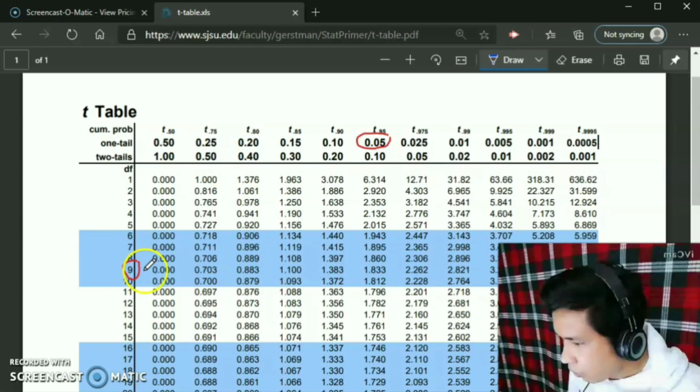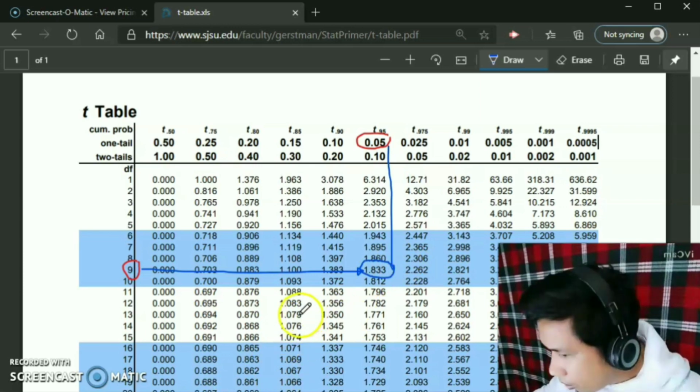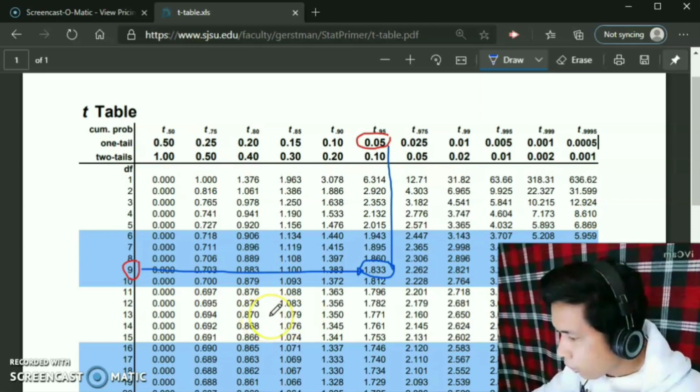So here it is. We have 1.833. So that is now the way to find 1.833 as our critical value.